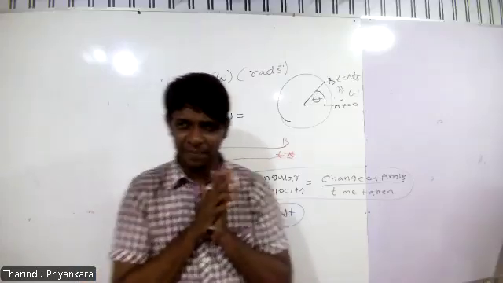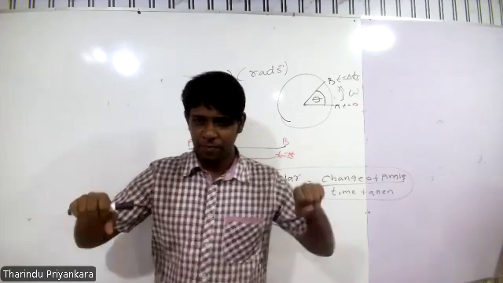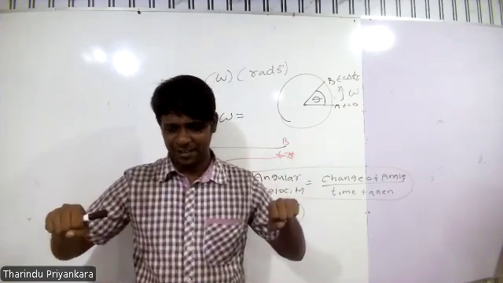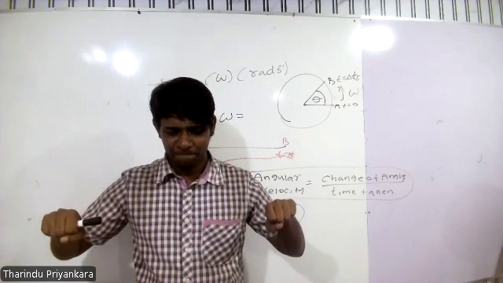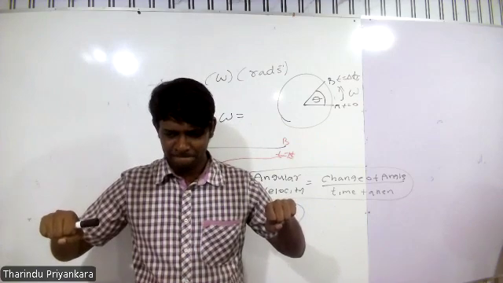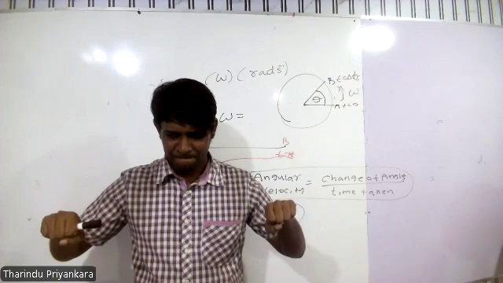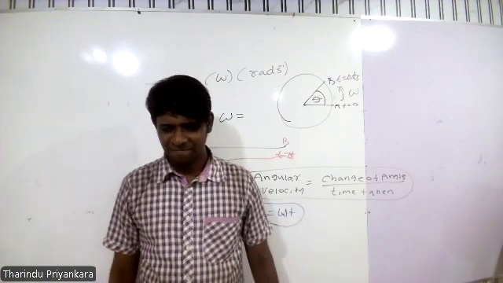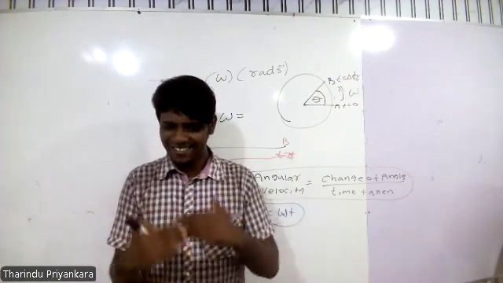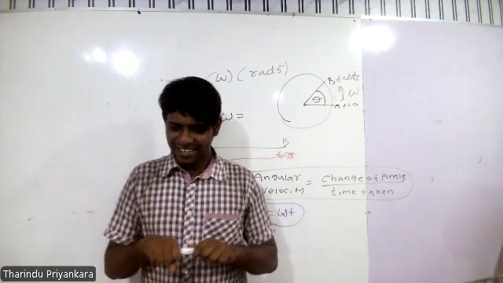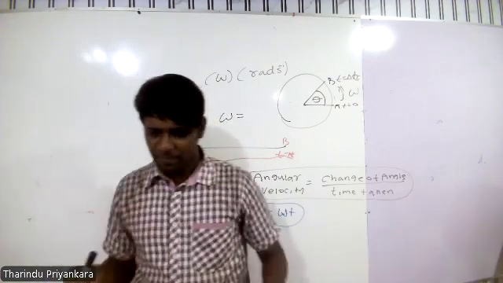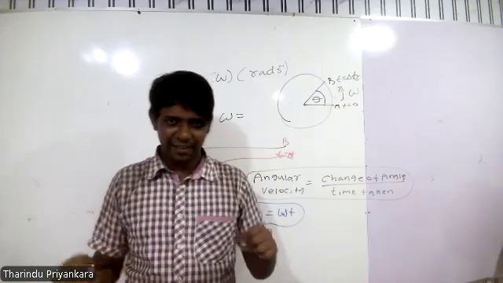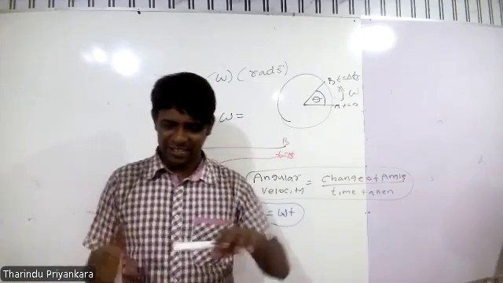Shall I ask you one simple question? If you are on top of a bicycle or motorcycle, can you stay in balance without riding? No. But when you ride, it gets balanced. Your body is always getting balanced by that rotation.